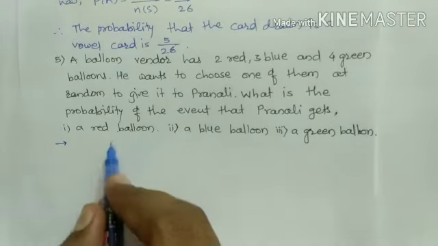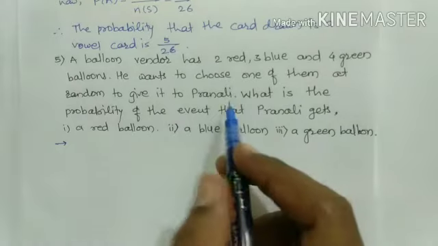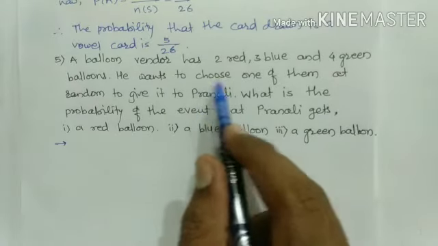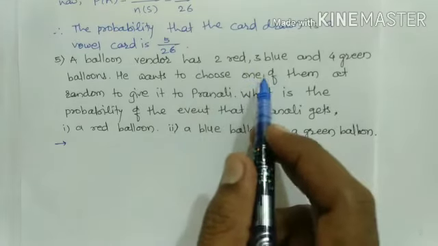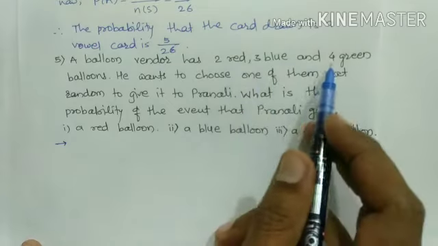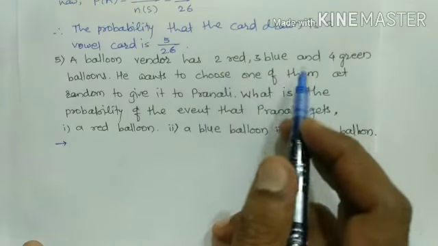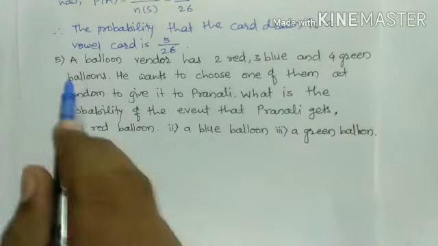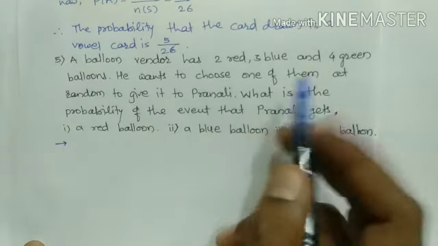Here 3 events are given. The random experiment is choosing one balloon from the total, that is 2 red, 3 blue and 4 green balloons. That is total 2 plus 3 is 5, 5 plus 4 is 9. It means the balloon vendor has 9 balloons.